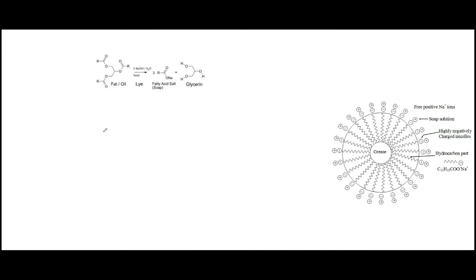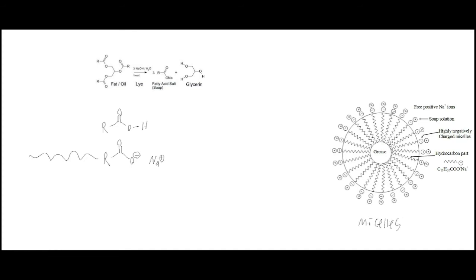But in this case, so that's our hydrocarbon chain, instead of having the fatty acid like this, instead we end up with this with the negative charge, and it'll have a sodium positive charge. And so this charge will actually interact with the water, and the hydrocarbon chain, which goes off there, will interact with fats and grease.